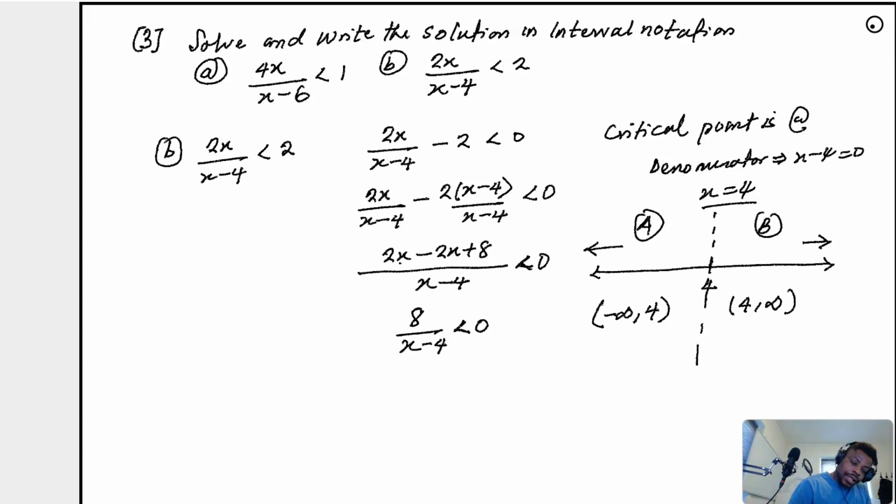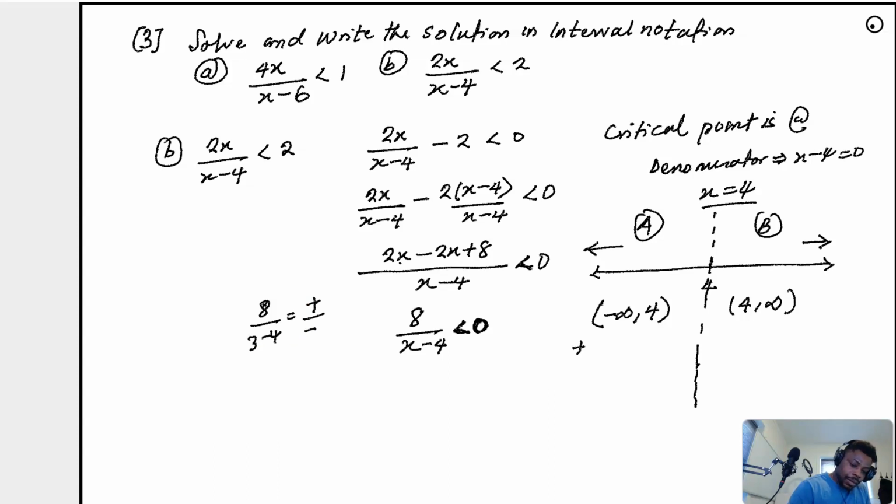Now, the next thing we want to try is, because this is less than 0, that means we are talking about negative. So let's put an interval between minus infinity and 4. Let's say 3. So 8 divided by 3 minus 4. 8 is positive, 3 minus 4 is negative.